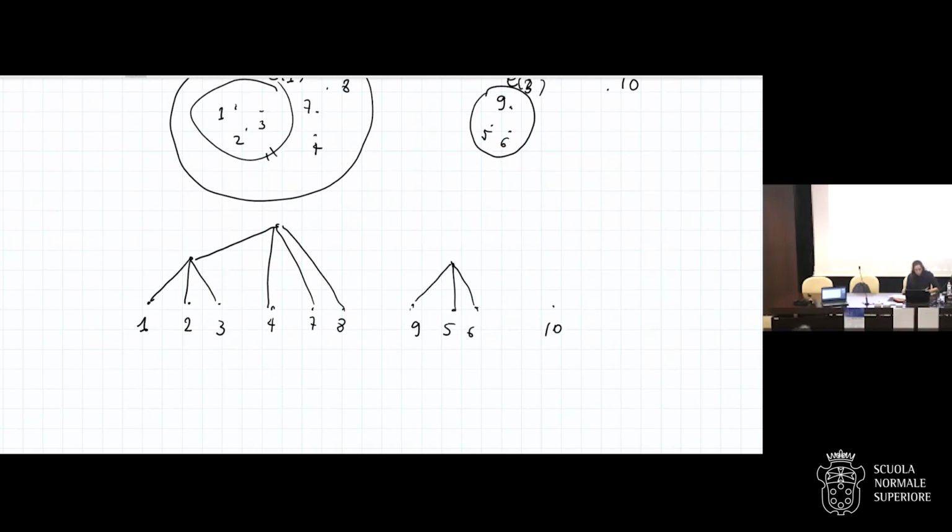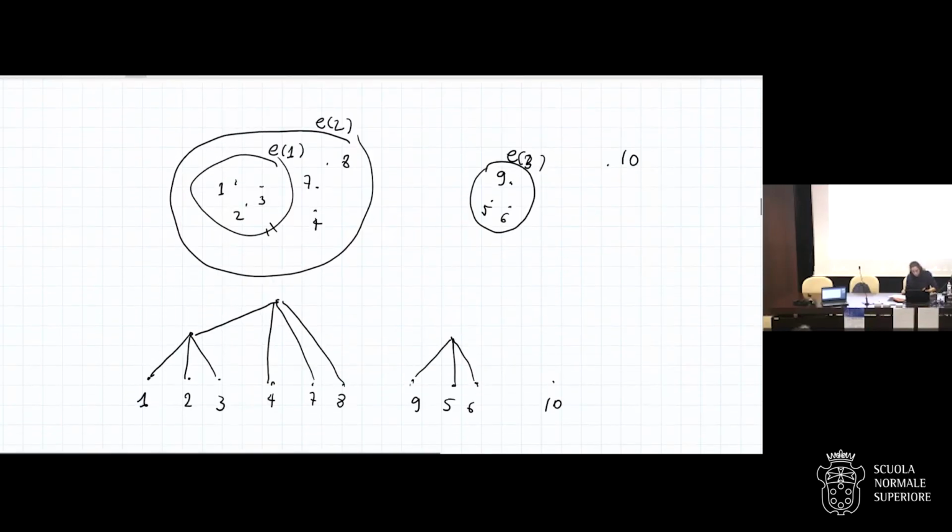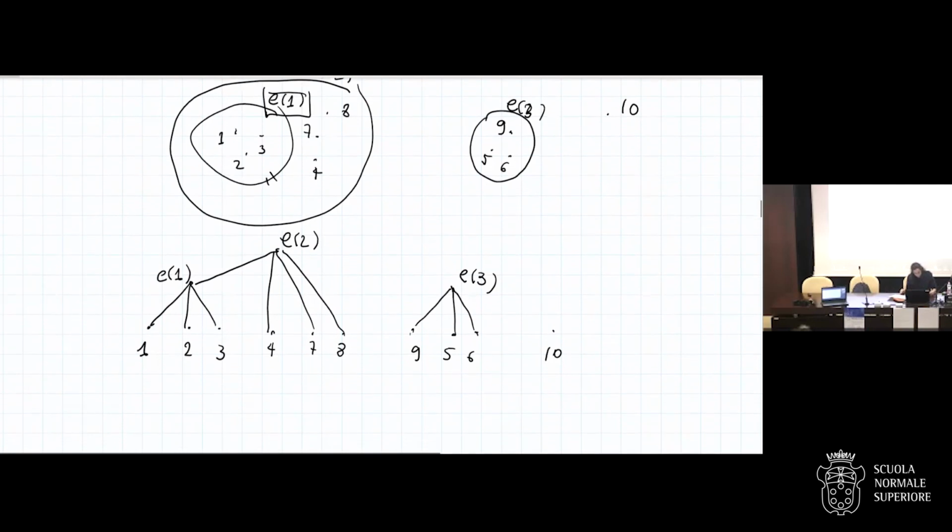Of course, we have to encode also the information of the exponents, and we can do this by adding some labels to these internal vertices. So what we end up with is, again, a family of forests. And this is exactly the family of admissible forests we described in the first part of the talk.